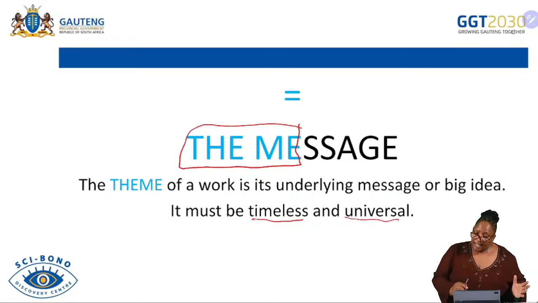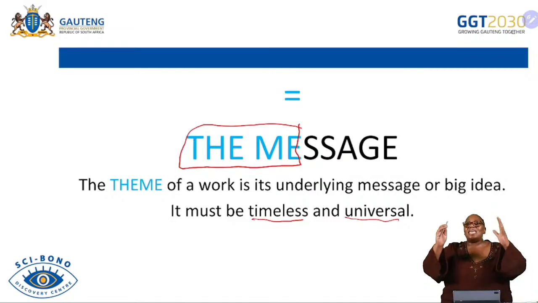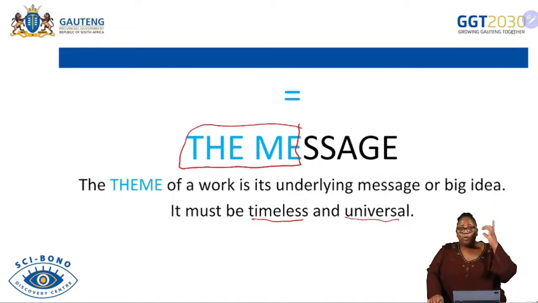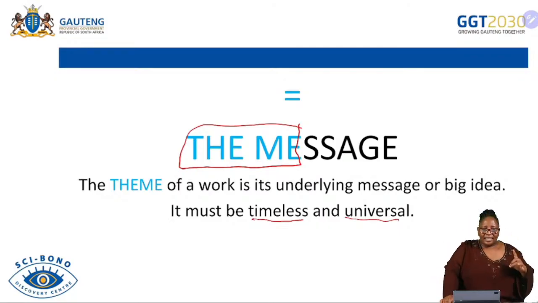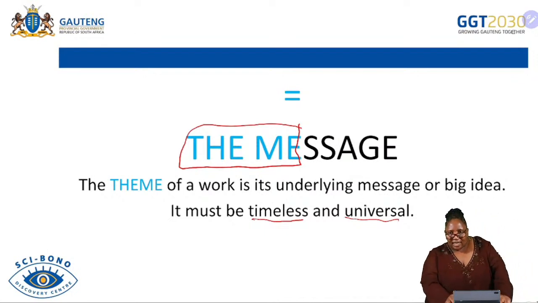It is not only timeless, but it is universal. It is the big idea. And when we say it is timeless, it means it is not only relevant in 2022 or relevant in 1965 when the book was written. It is also very universal.